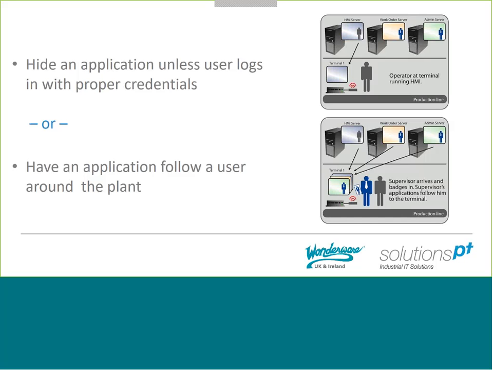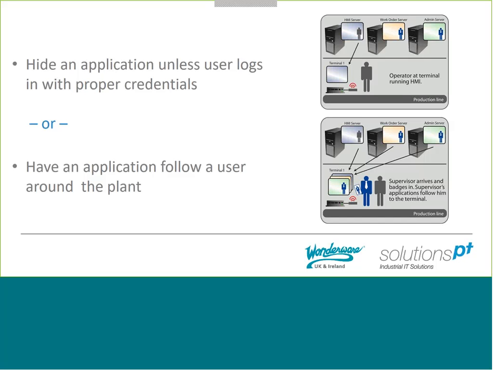And then in the bottom example, we've then got a supervisor. So he's got access to the work order server and the admin server. So he's got potentially different applications to the HMI guy. So it could be that he's gone into the core production area and he wants to see some of the OEE figures that we mentioned earlier on. He's going to call, through to the reporting server, whatever it might be.